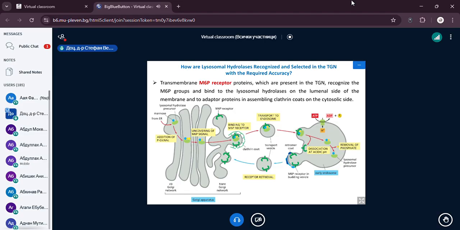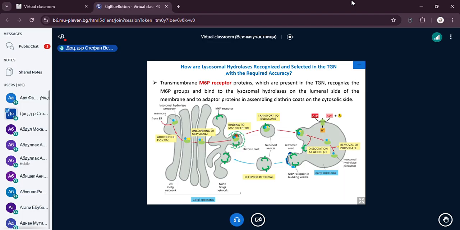What happens at the next stage? These now marked lysosomal enzymes with mannose 6-phosphate travel through the Golgi complex cisterns and undergo other modifications, those that we discussed for the Golgi complex, and eventually reach the trans-Golgi network. And here in the trans-Golgi network, there are special receptors called mannose 6-phosphate receptors.